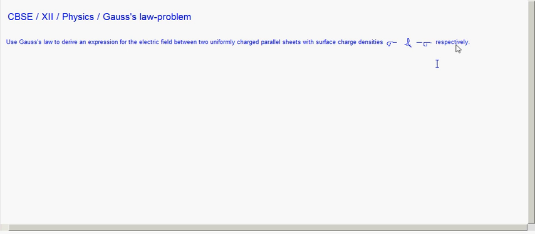Use Gauss law to derive an expression for the electric field between two uniformly charged parallel sheets with surface charge density sigma and minus sigma respectively.